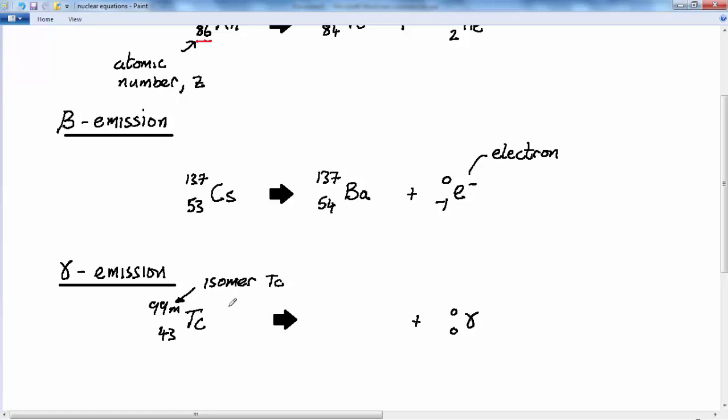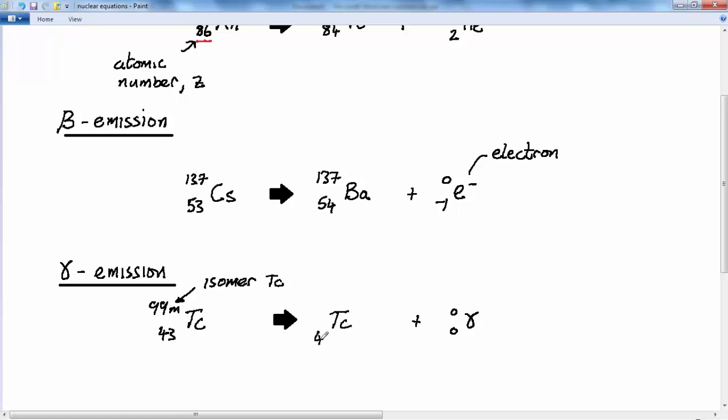So it's kind of not happy. It's slightly more unstable than the other isomer, and as a result of it, it wants to go to the lower energy state. To do that, it will emit a gamma ray, and it will therefore achieve the more stable state. So we write what we're getting here is still technetium.